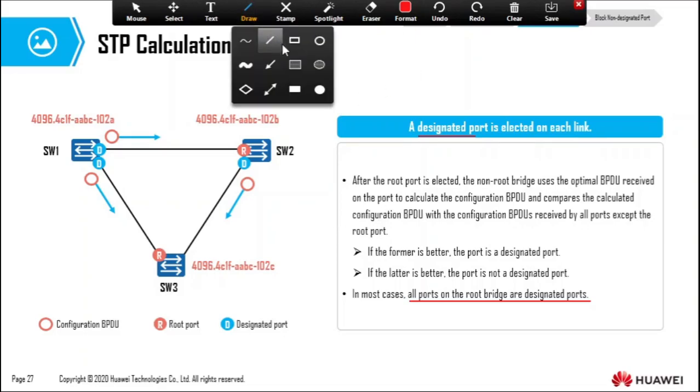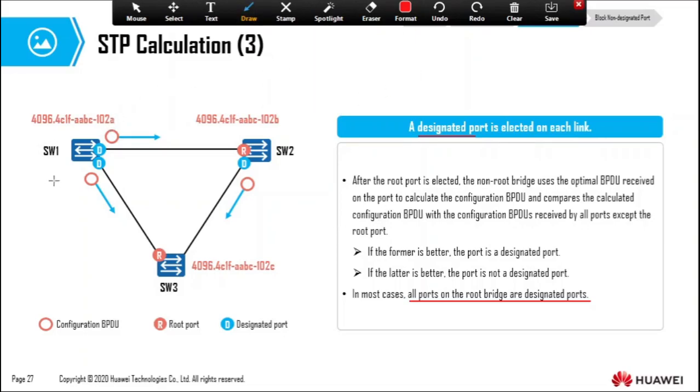In this case, S1, switch 1, is our root bridge, so all its ports will be designated, D for designated. In summary, you can think of designated ports as ports that are used to forward BPDUs to downstream switches. So you've seen the tree.